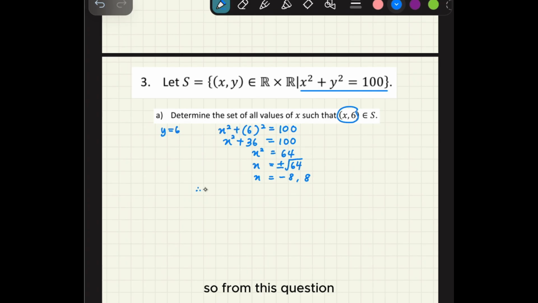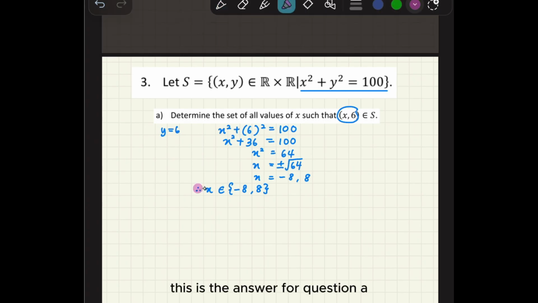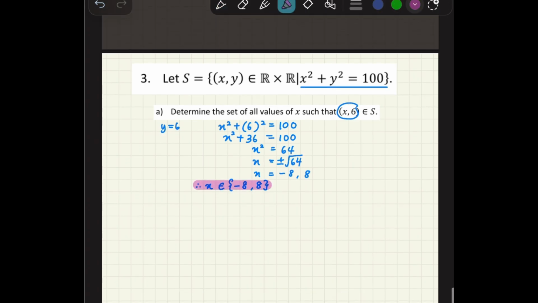So the set of all values of x is denoted by negative 8 and 8. This is the answer for question A.